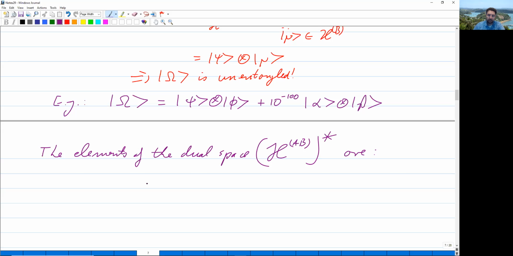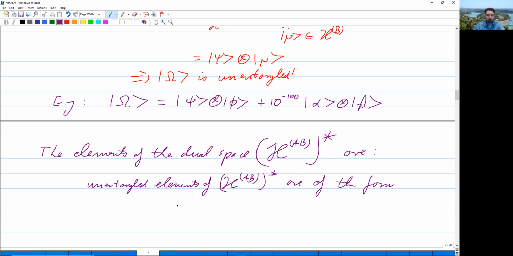There are the simple elements, the unentangled elements, and the entangled elements. The simple elements of HAB dual are of the form, or can be brought into the form, psi tensor phi, for all psi in HA dual and all phi in HB dual. This is meant to be a star here.